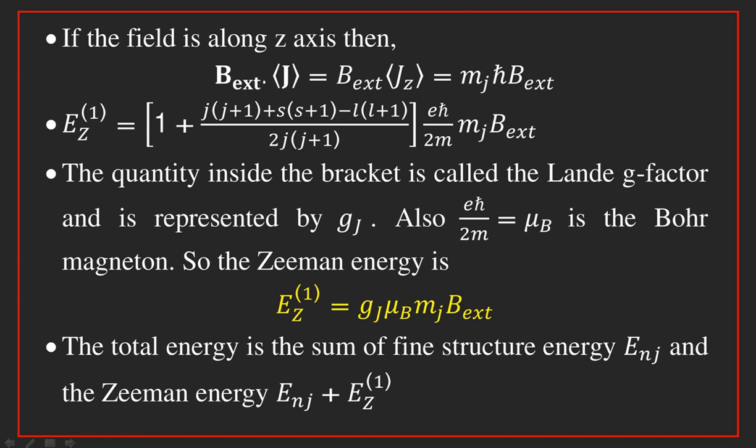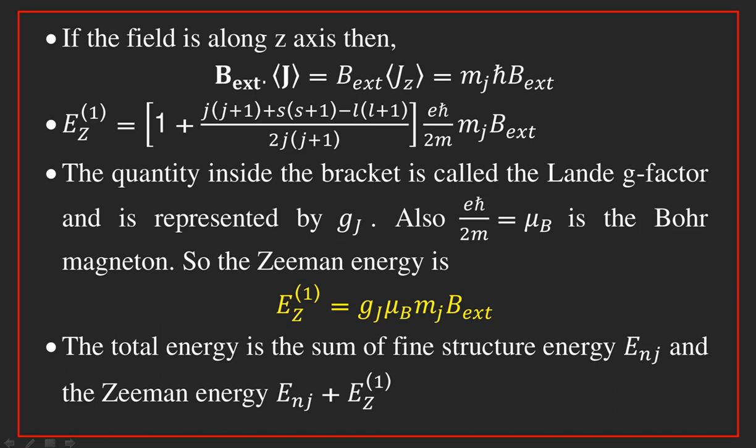So the correction to the energy levels due to the weak field Zeeman effect, Ez1, is equal to gJ mu B mj B external, where mj is the z component of the total angular momentum quantum number. So the total energy is the sum of the fine structure energy Enj that we have already discussed.